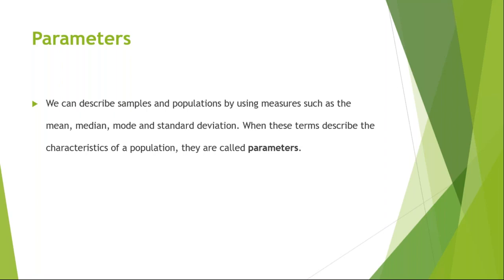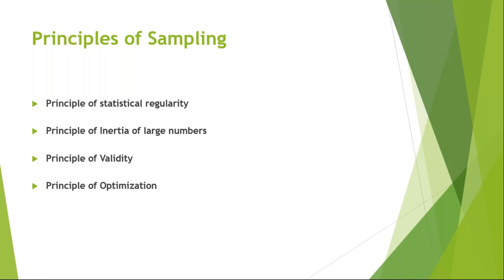They are referred to as parameters. So we have the mean, the median, the mode, the standard deviation, and many others. All the terms used to describe the characteristics of the population are called parameters.